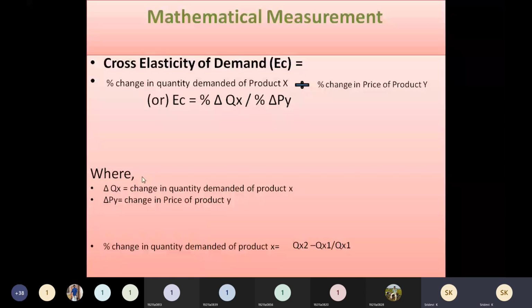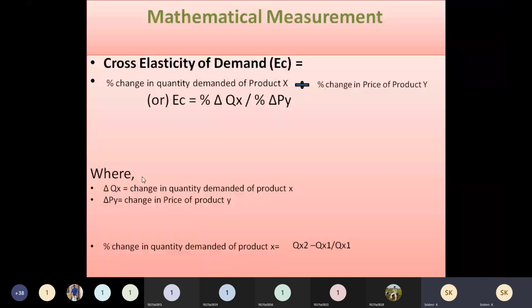And change in PY is equal to PY2 minus PY1 divided by PY1. Okay, so replace this in this formula, you will get another formula: QX2 minus QX1 divided by QX1, whole divided by PY2 minus PY1 divided by PY1.